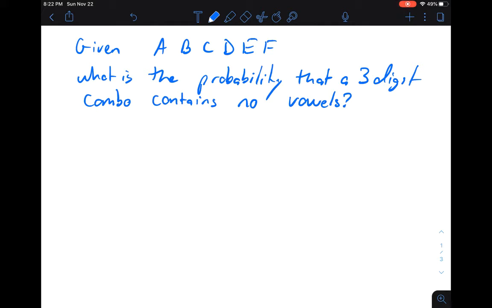In passwords, the order of the letters does matter. So it's going to be a permutation.